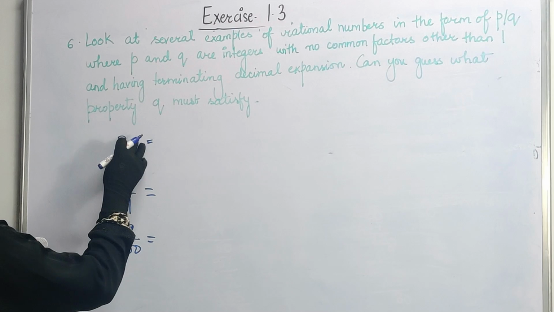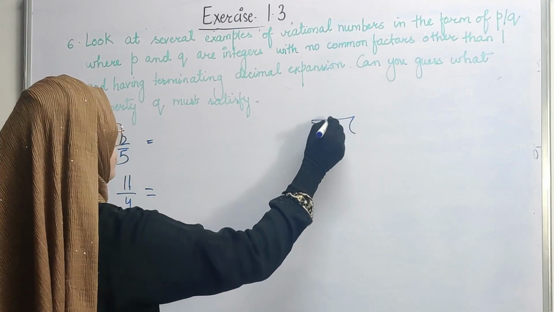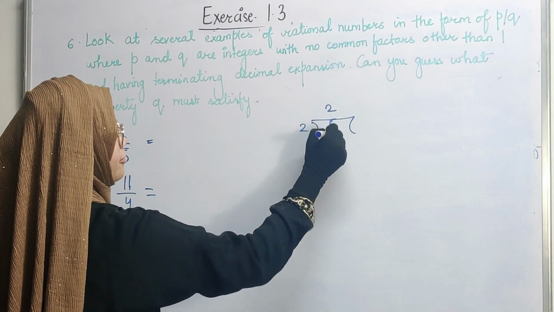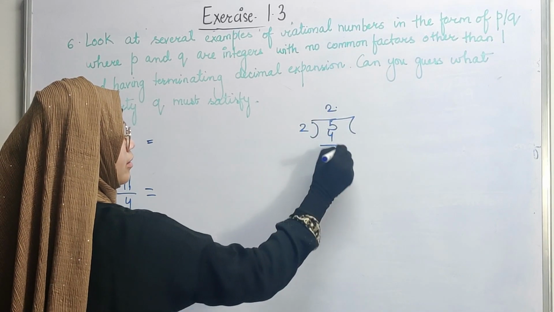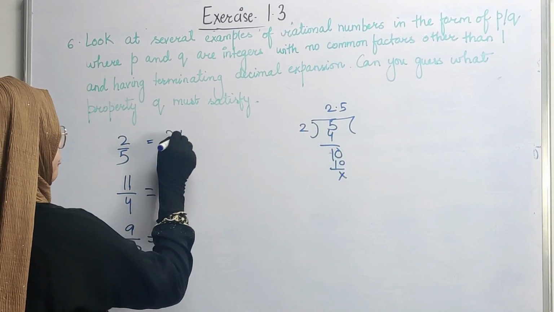For example, what is the decimal expansion of 2 upon 5? 2 2s are 4, 1, 2 5s are 10. 2.5.